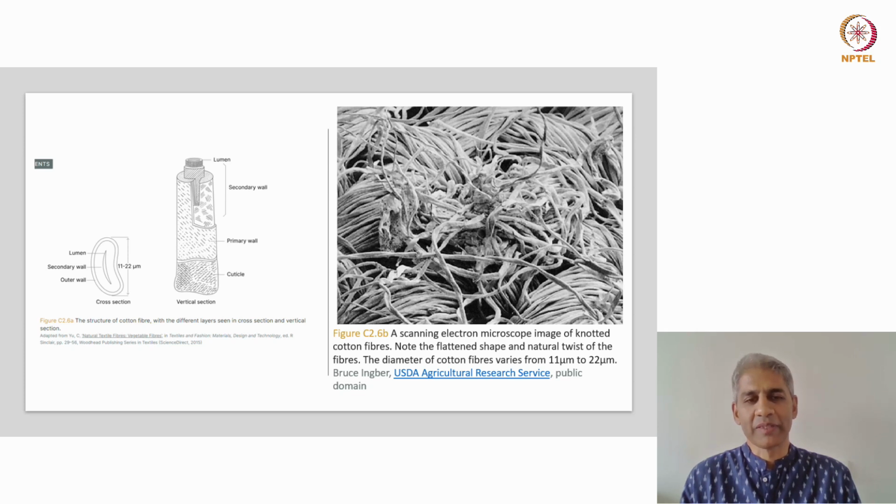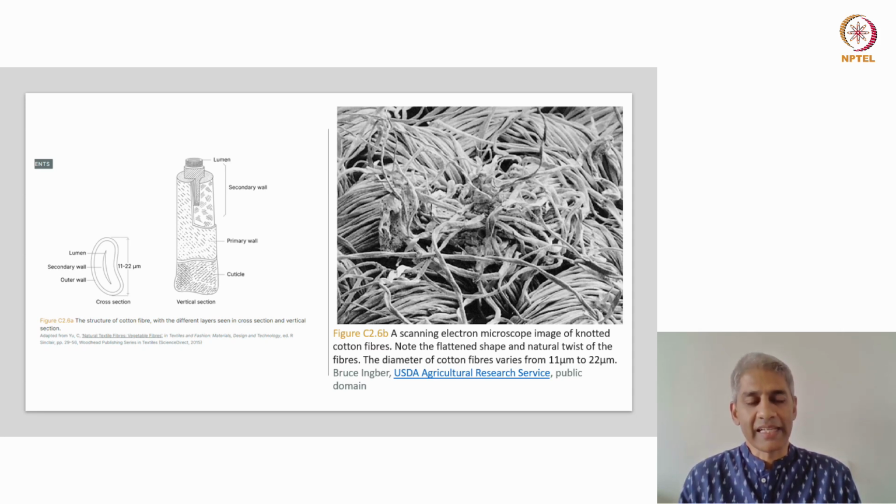So the cotton fiber is actually a single cell which emerges from the epidermis of the seed, right? And these are some of the longest cells in the world, and they can be up to 3 centimeters or longer in the case of Gossypium hirsutum. So it's amazing to think about a single cell which is that long.